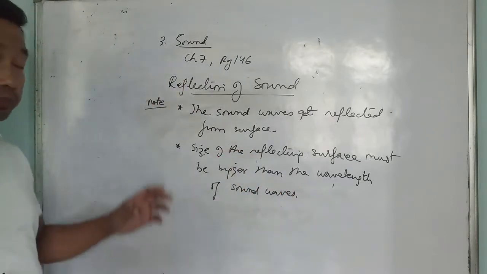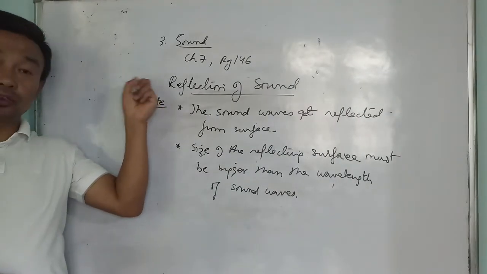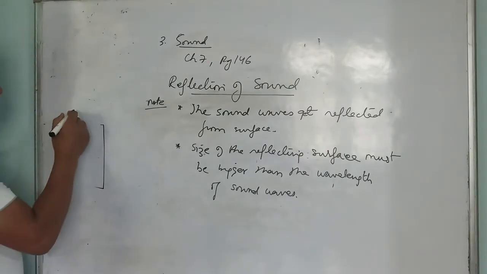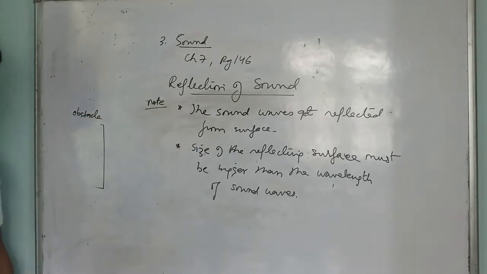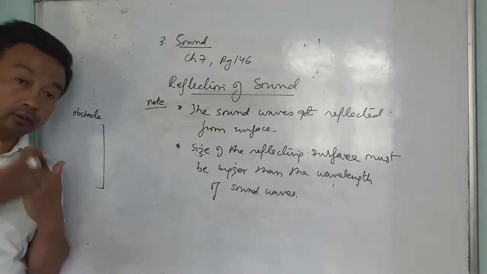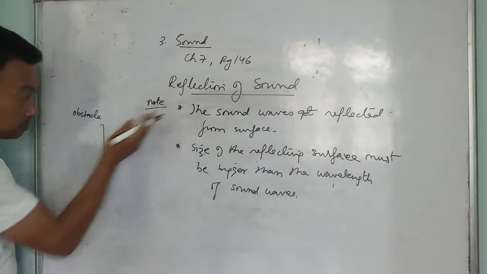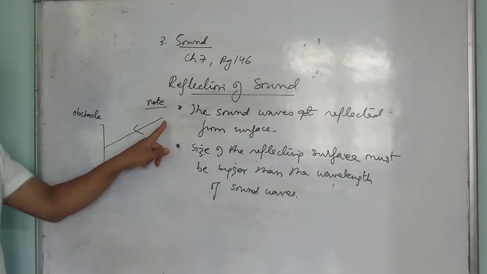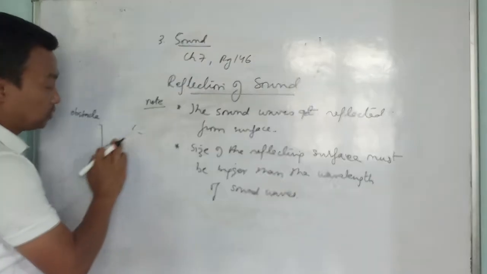So these are the two criteria you have to keep in mind for the reflection of sound. It is a very, very simple phenomenon. Let us take this as any obstacle or surface. Now this surface can be plain or smooth, or it can be rough, and this is a ray. It is coming in the form of a ray, the wave of sound. It is not light, it is a wave of sound.